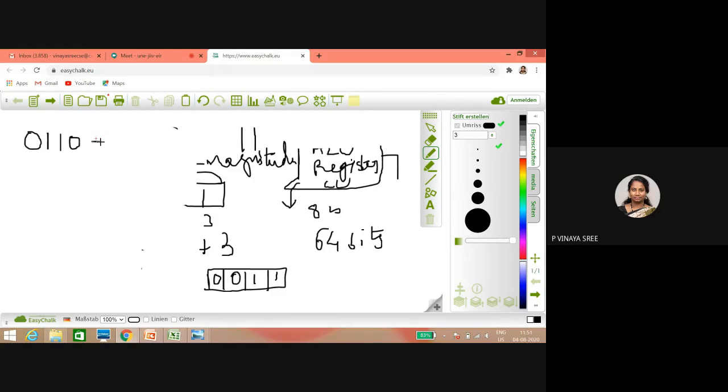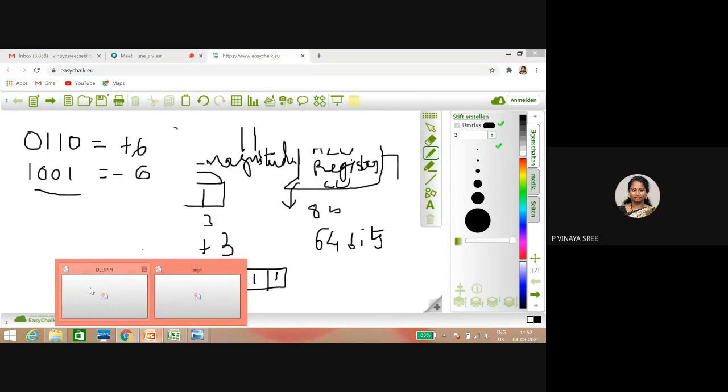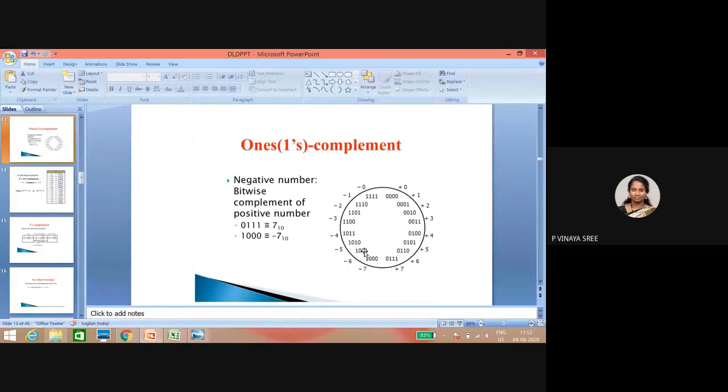This is your plus 6 representation. If you want to represent minus 6 in ones complement, you have to change ones to zeros and zeros to ones, so we get 1 0 0 1. So this is your minus 6. So let's check whether 1001 is minus 6 or not. Yes, it is minus 6, right?